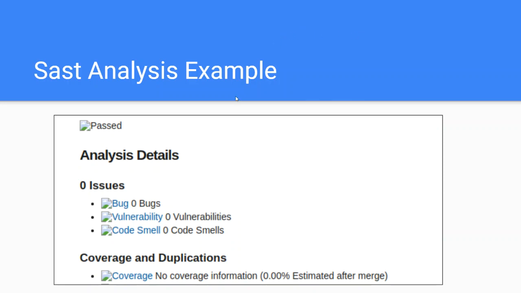It's a report: bugs are 0, vulnerabilities are 0, code smells are also 0. Coverage they have not included currently, as they are very new clients and have not written the test cases, so their coverage is coming as 0.